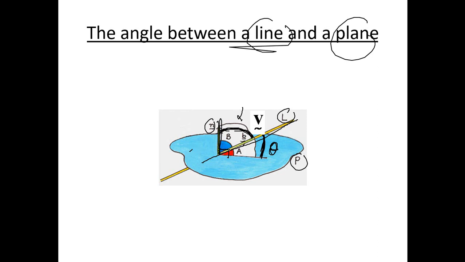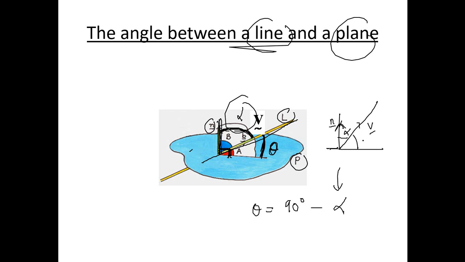The total angle to the normal is 90, so to find theta, it is 90 degrees minus alpha, where alpha is the angle between the normal vector N and the direction vector V. This is alpha and this is theta. The answer is an acute angle.